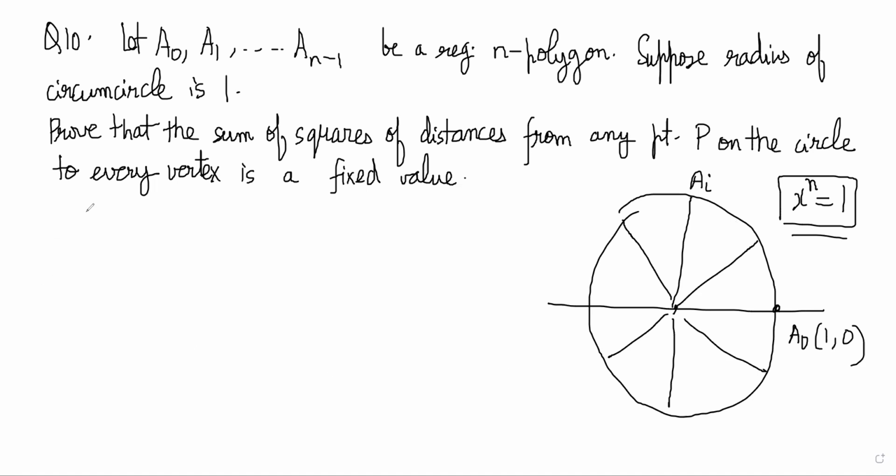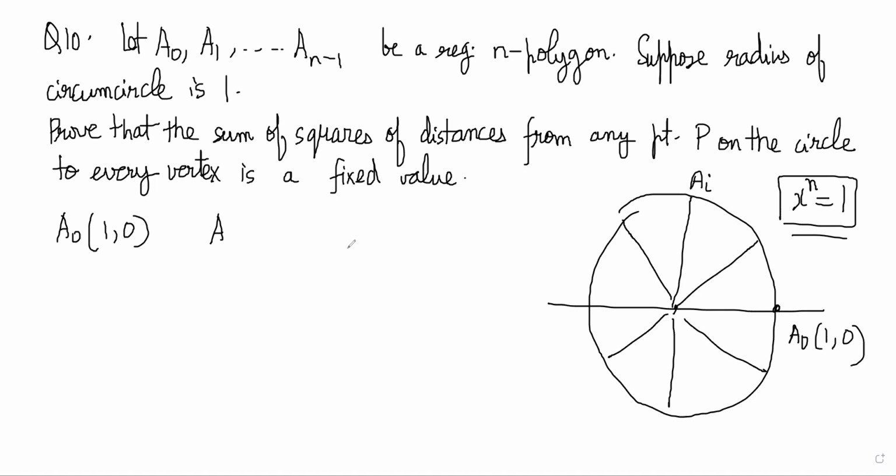So here the coordinates of a0 are (1, 0), and the corresponding ai would be the ith root, which will be cos of 2k pi, or I can write it as ak instead.